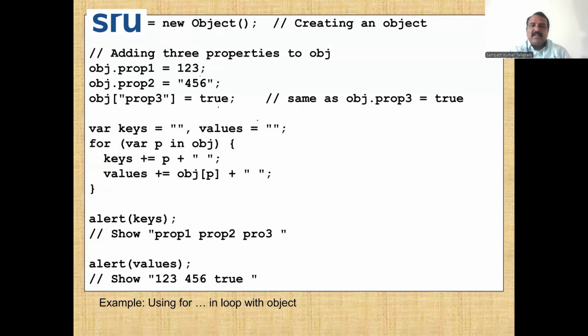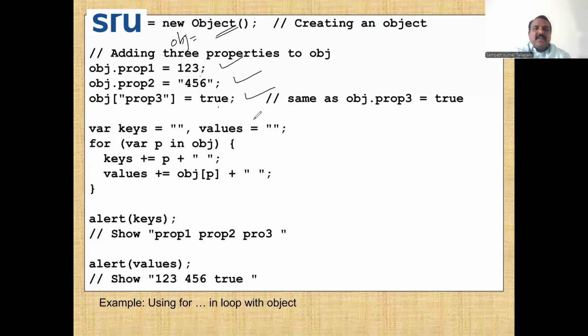So the example is that I want to create an object. The name of that object is obj. Obj is equal to new object. Obj dot property one, obj dot property two, and obj property three is equal to true. Now I want to extract the properties of that object.